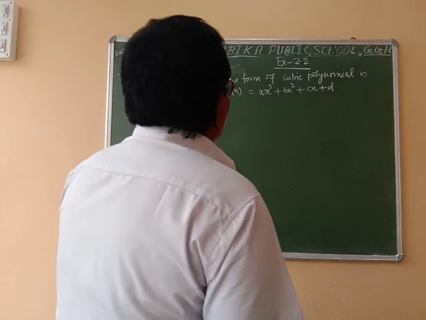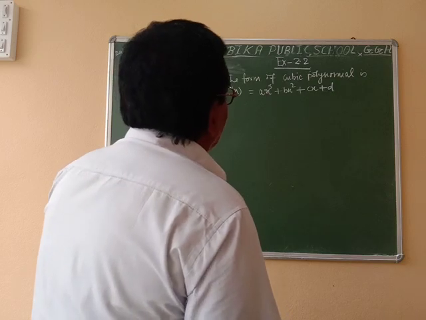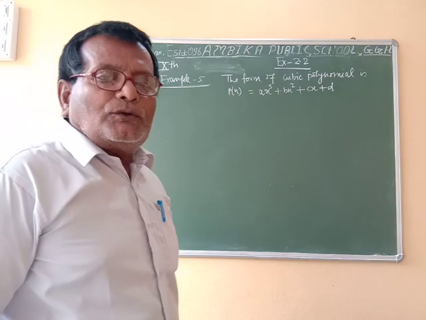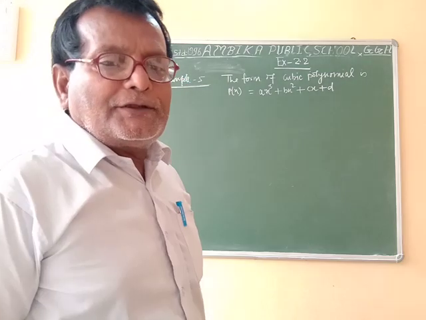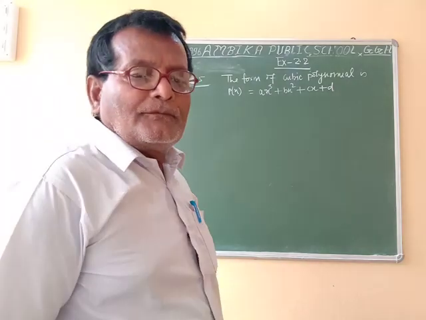As you know, the form of a quadratic polynomial is ax square plus bx plus c, and you are given the zeros of this polynomial: 3, minus 1, minus 1 by 3.